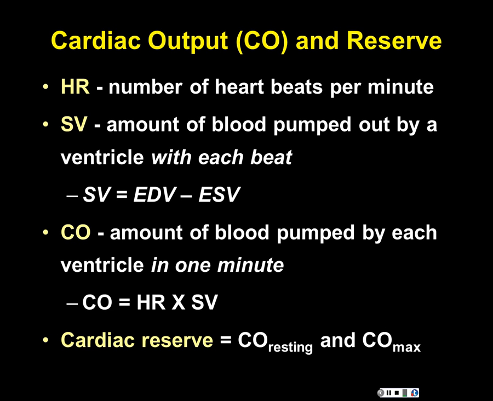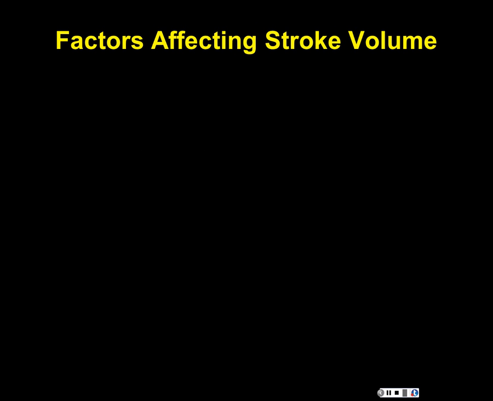The stroke volume has a little bit more impact upon it besides those familiar concepts, besides just the nervous system or some other blood factor, whatever the case may be. So that's what we're going to look at first: how can we change the stroke volume to ultimately change our cardiac output. There are three major factors that influence your stroke volume.